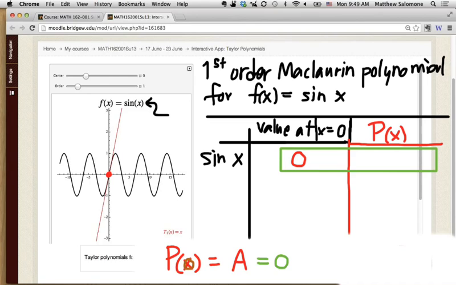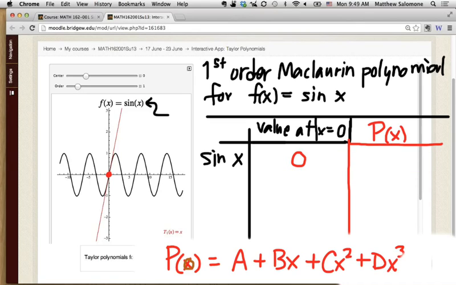But that requirement leads to the conclusion that a must equal 0. In other words, now we know something about our polynomial that we didn't know before. It doesn't have a constant term. Its constant term is equal to 0.